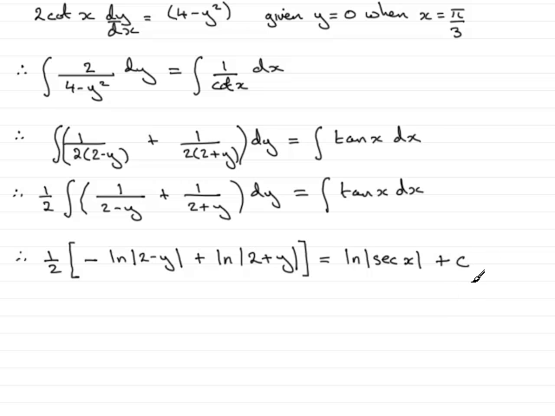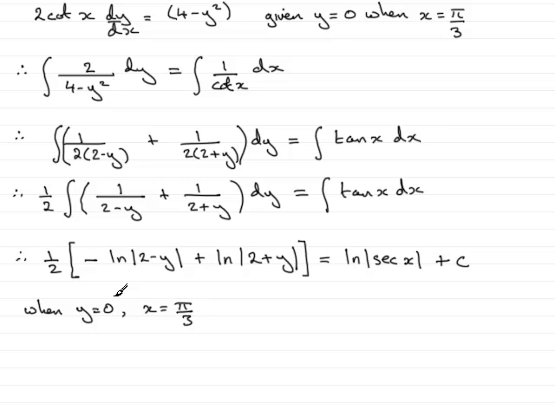Now we need to work out this constant, so we can use what we're given up here to do that. So I'm just going to write that in, that when y equals 0 we're told that x equals pi upon 3.